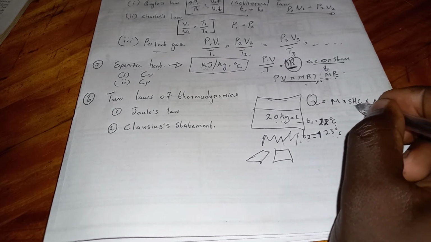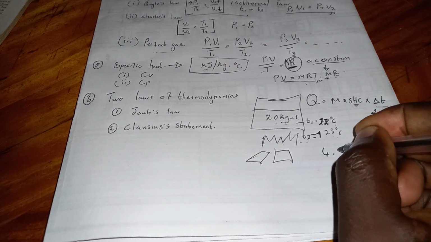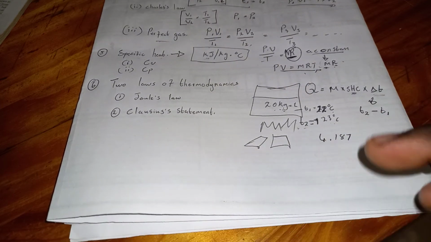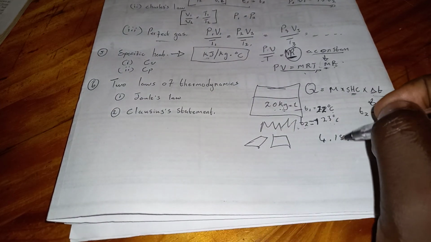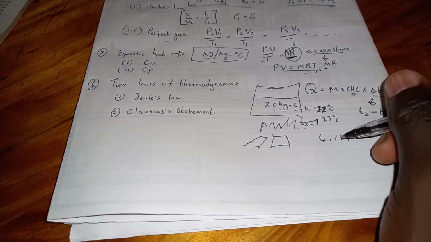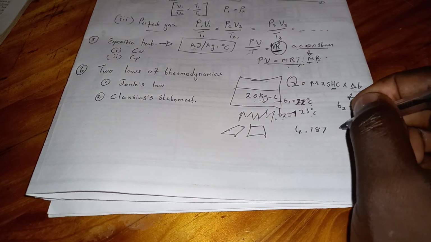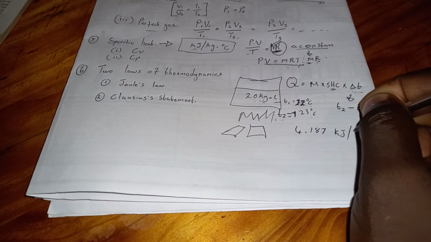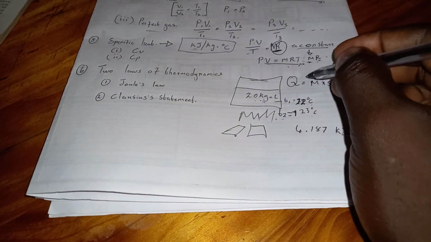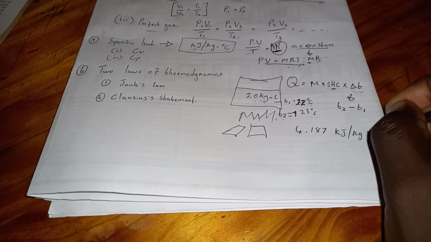The specific heat capacity of water is 4.187, I hope I'm correct, but let's take it for the sake of this example. This is the heat energy required to change 1 kg of water by 1 degree Celsius.